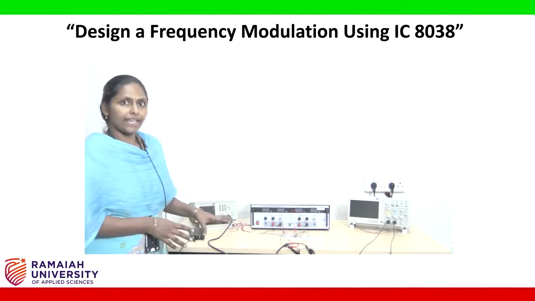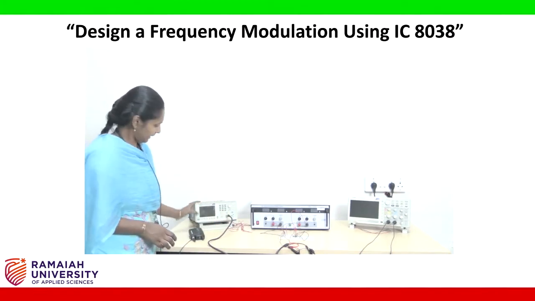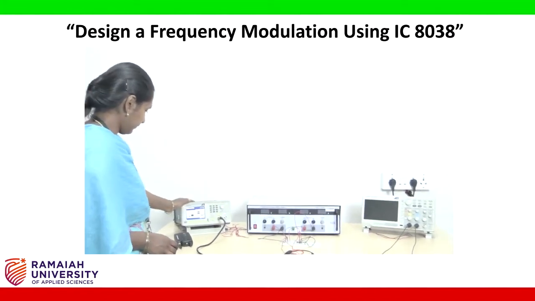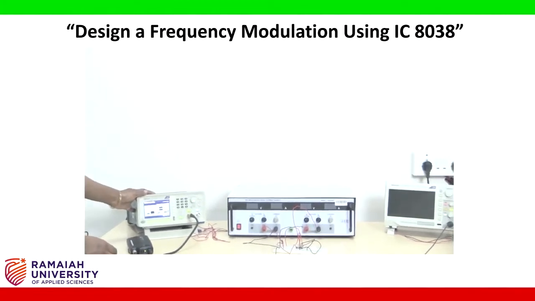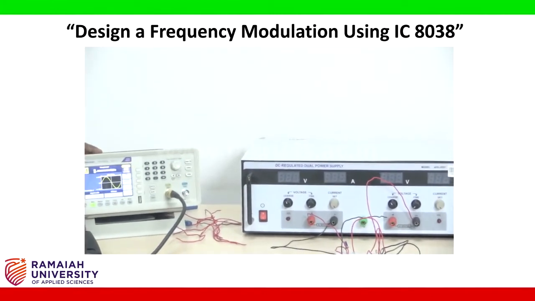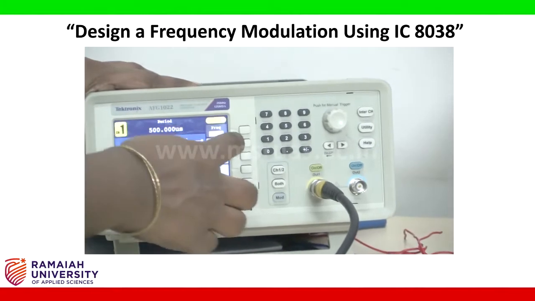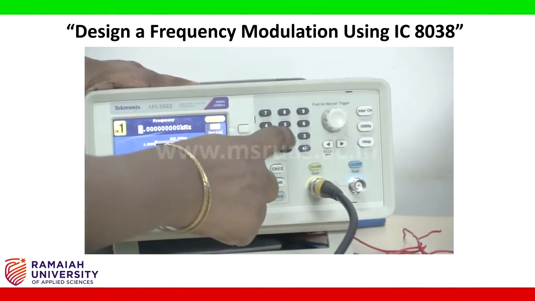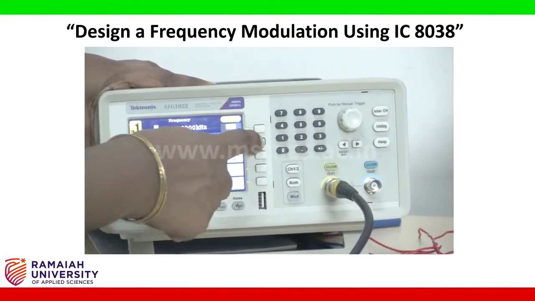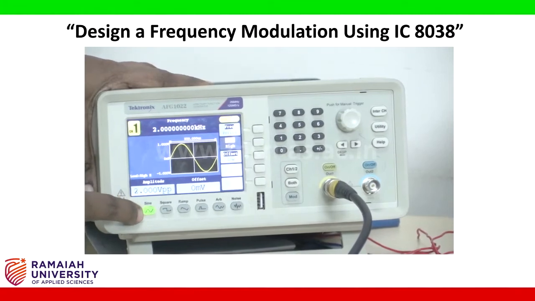So before checking the output, first of all, switch on the function generator. So provide in the channel 1 frequency of 2 kHz and amplitude 2 volts peak to peak and select sine wave.